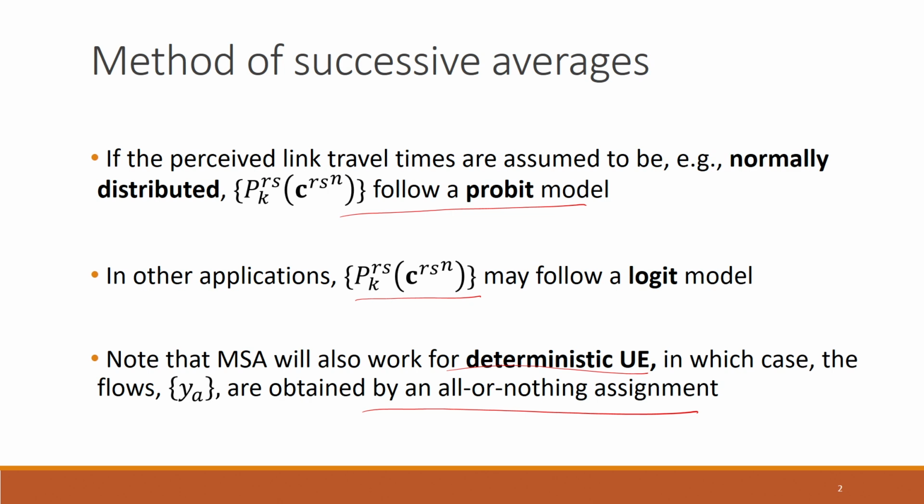Okay, so depending on whether it is the case of stochastic user equilibrium or the deterministic user equilibrium, the appropriate network loading procedure has to be used. Okay, so in the case of deterministic user equilibrium, this network loading procedure is the same as all or nothing assignment, and in the case of stochastic user equilibrium, depending upon what assumption we make on the perceived link travel times, we can either assume the network loading procedure to be given by the probit model or it can be given by the logit model. Okay.